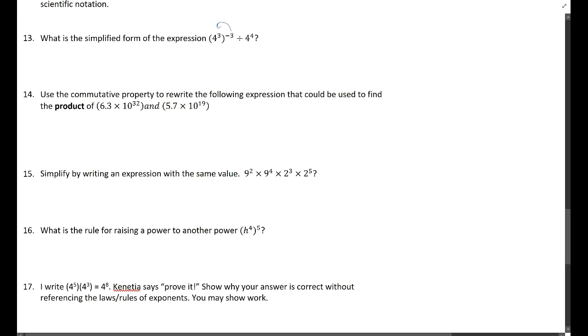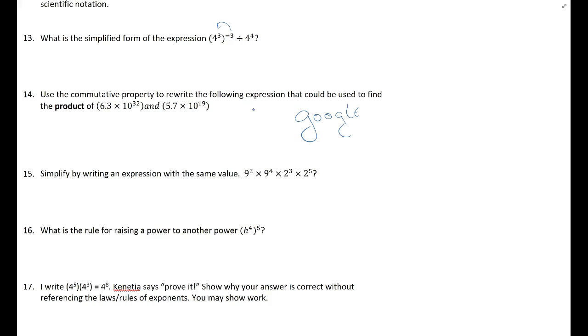The commutative property of multiplication, I'm going to actually have you Google the commutative property of multiplication and give this one a shot because it's actually rather interesting when you get to read it.